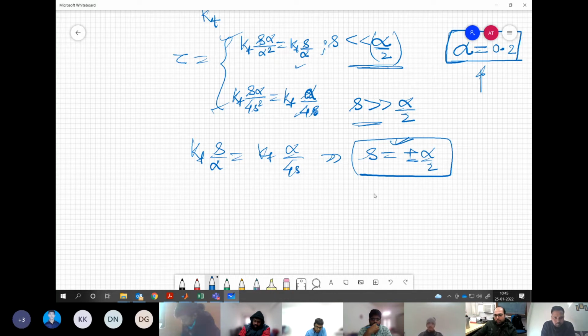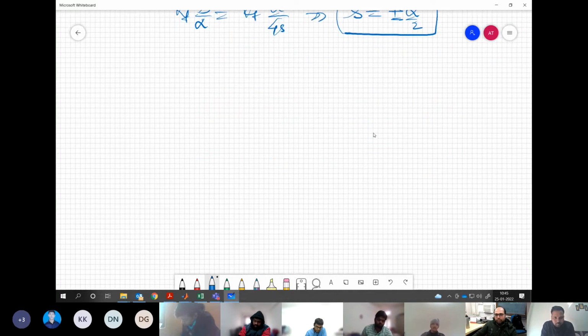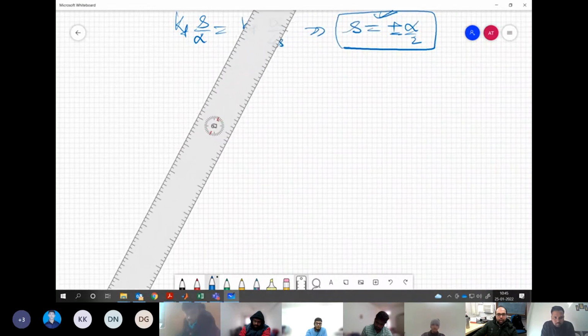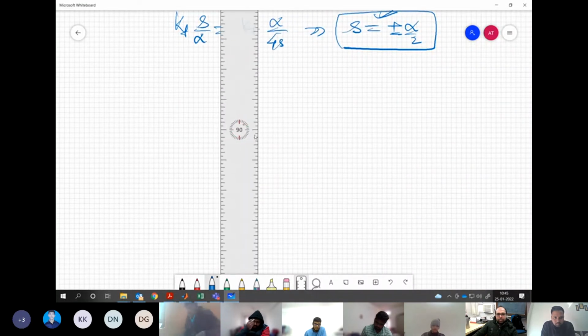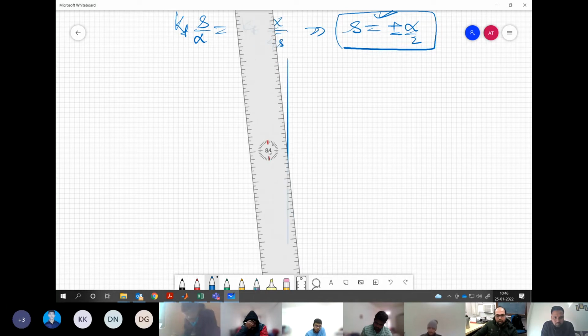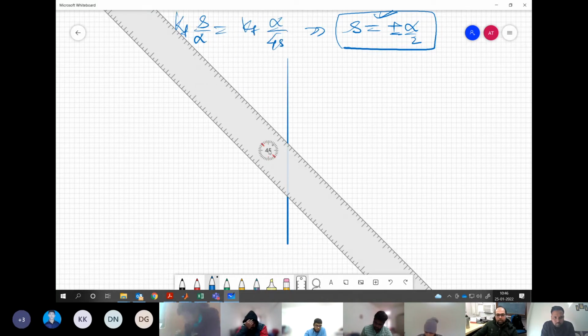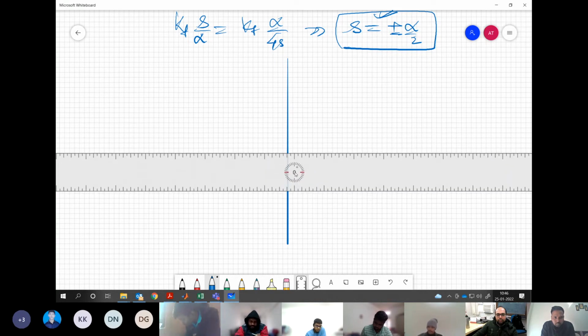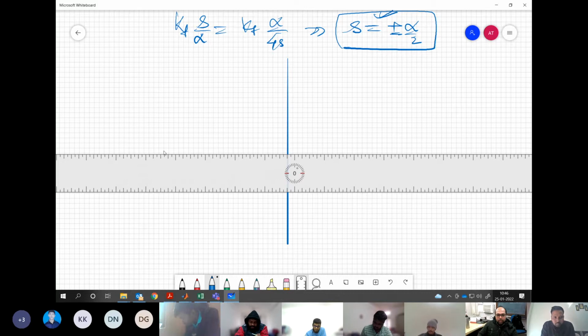Now, let us draw how it is coming based on our experience or based on our expression. Again, I need to use a scale because at least some level of accuracy should be there. And this is not confined to only motoring mode or only one particular mode of operation.